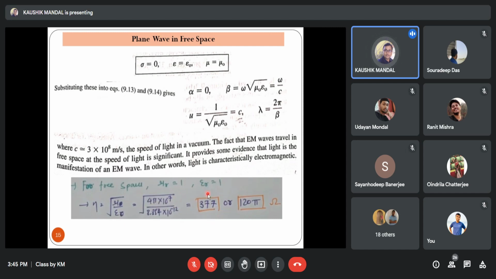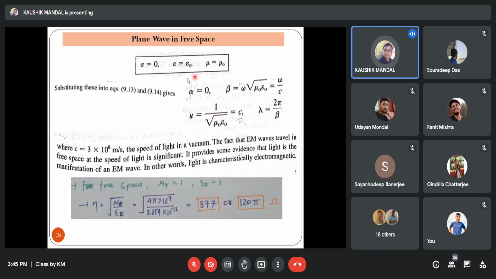Another important question that frequently comes is to show or find the intrinsic impedance of free space. In that case also, you first have to consider the conditions for free space, because we know that for free space sigma equals 0, epsilon equals epsilon naught, mu equals mu naught, and mu r equals 1, epsilon r equals 1.